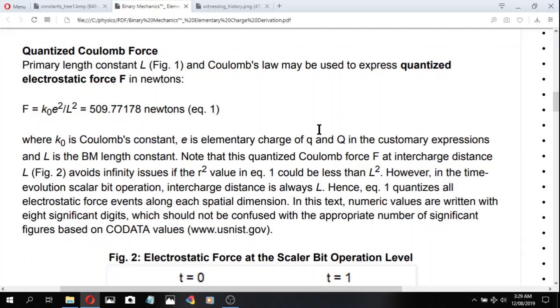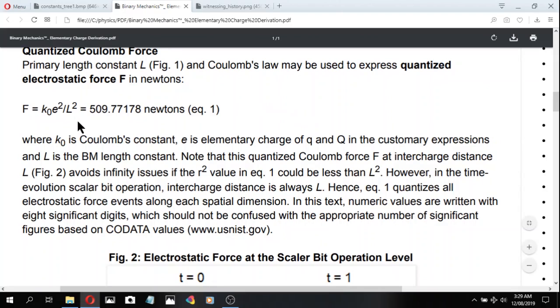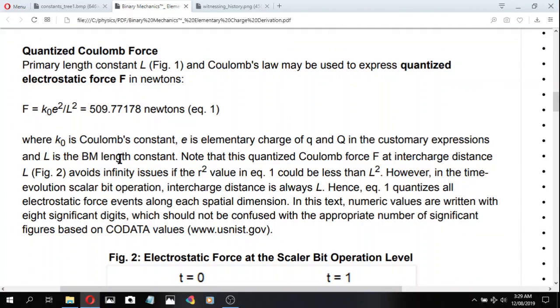Quantized Coulomb force. Primary length constant L and Coulomb's law may be used to express quantized electrostatic force F in newtons, as shown here, where K naught is Coulomb's constant, E is elementary charge, and L is the binary mechanics length constant.